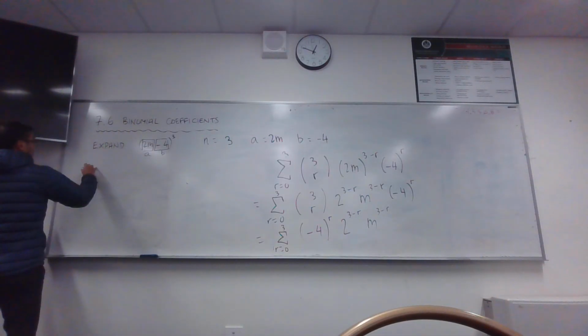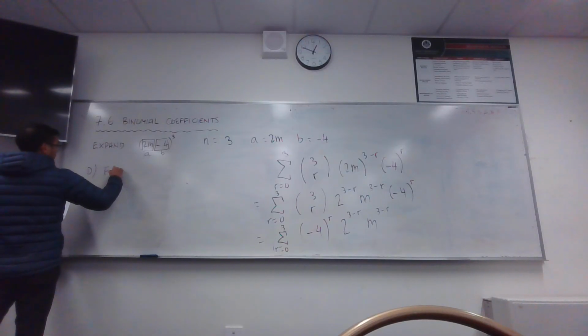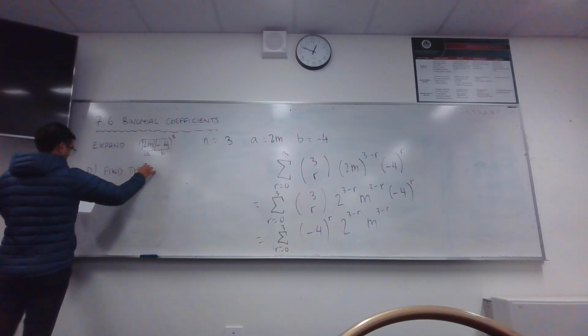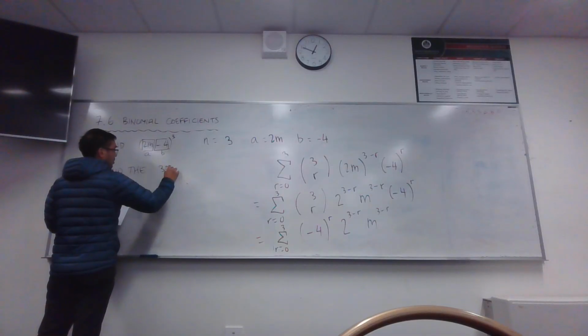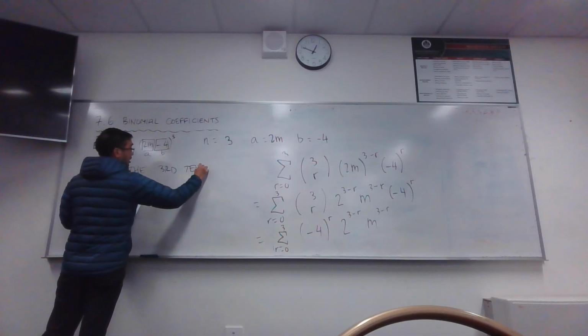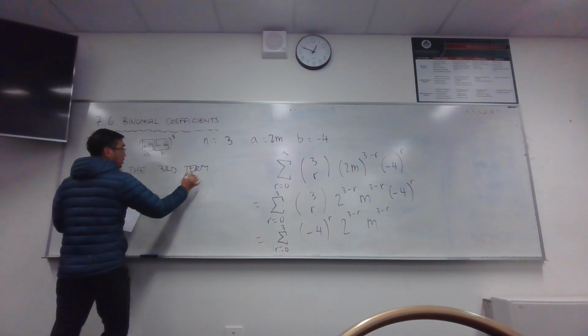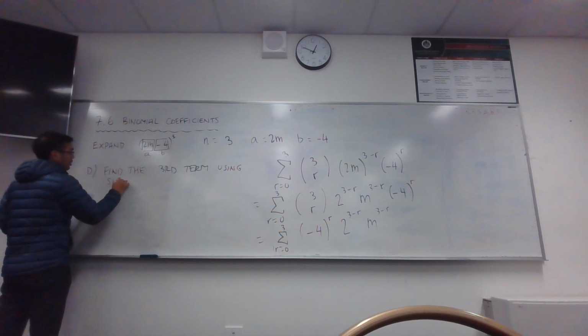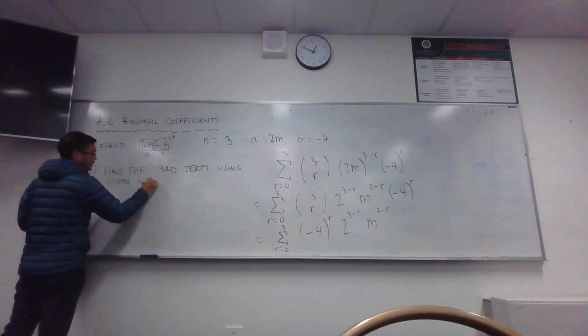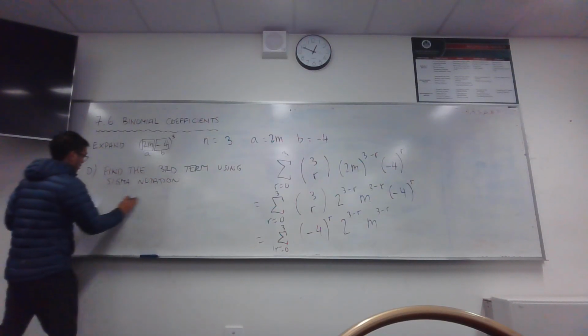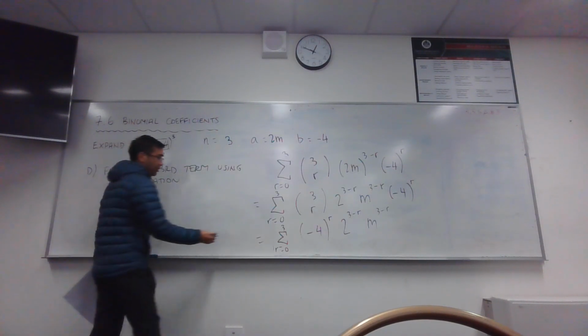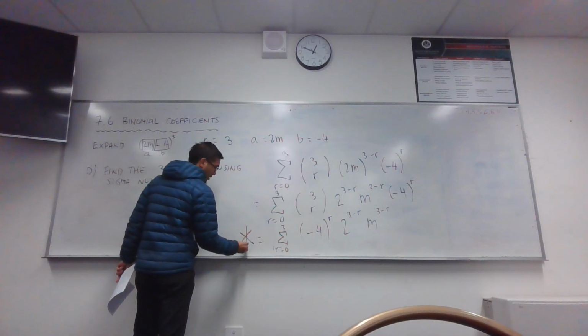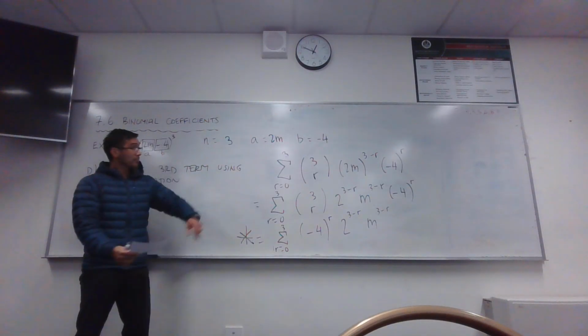It says, question D, find the third term in this sequence. And it says using sigma notation, which is what we've got here. We are now going to focus on our end product, our machine.